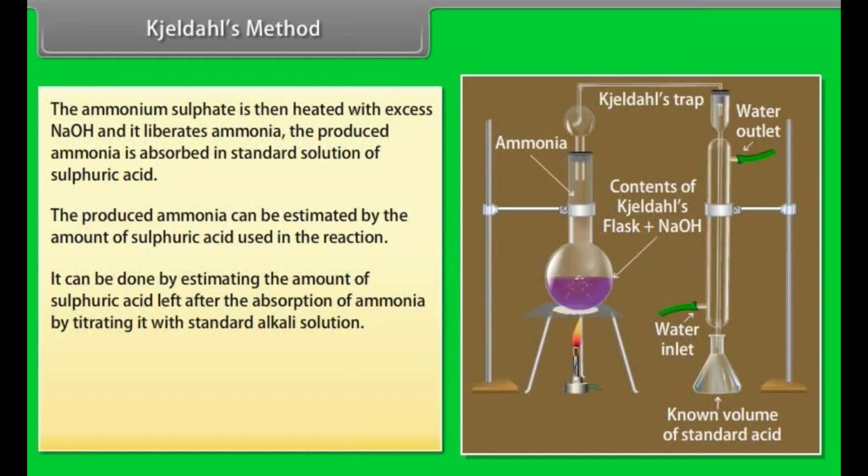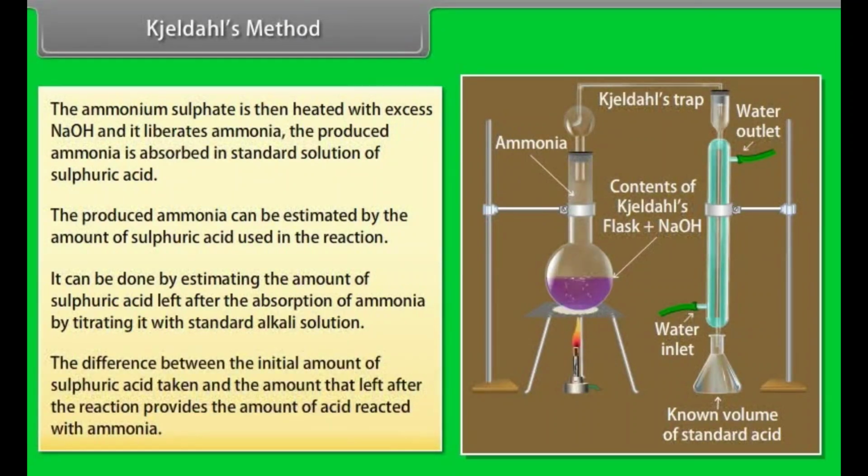It can be done by estimating the amount of sulfuric acid left after the absorption of ammonia by titrating it with standard alkali solution. The difference between the initial amount of sulfuric acid taken and the amount that is left after the reaction provides the amount of acid reacted with ammonia.